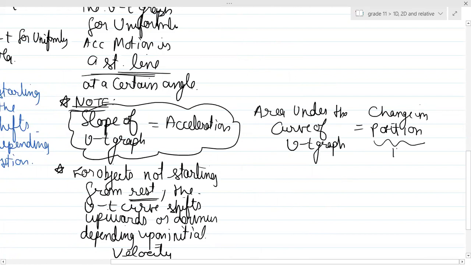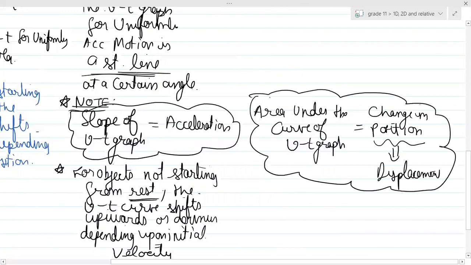And what do you mean by change in position? Displacement. Is this clear? So these are two important points which are very useful for a VT graph.